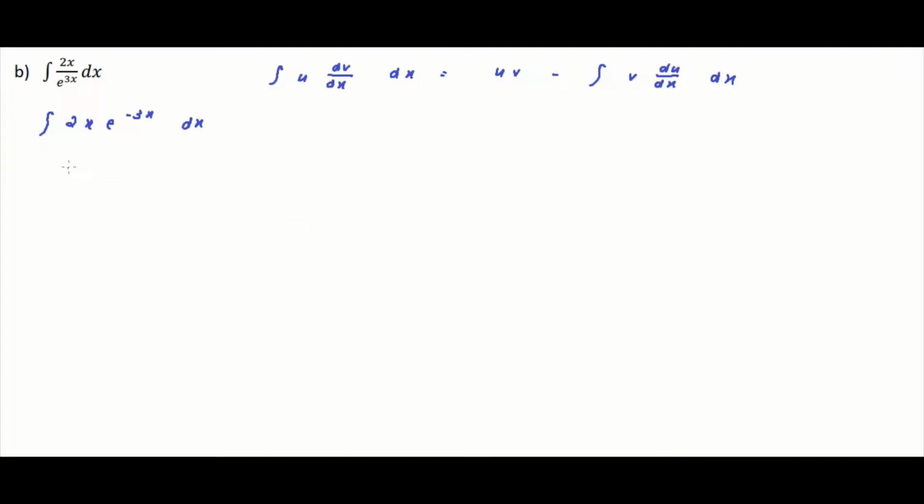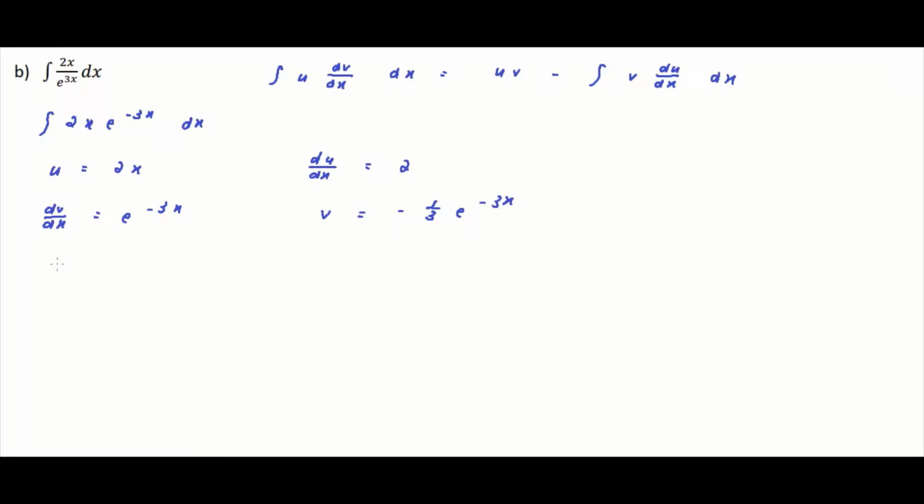Okay, so now the same thing. Your u, we fix as 2x. Your dv/dx is e to the power of negative 3x. Differentiate it first, so du/dx will be equal to 2. Then integrate this, and you get -(1/3)e^(-3x).